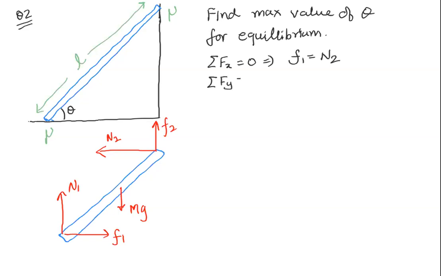Summation of Fy is equal to 0. Okay. Gives us N1 plus F2 is equal to mg.